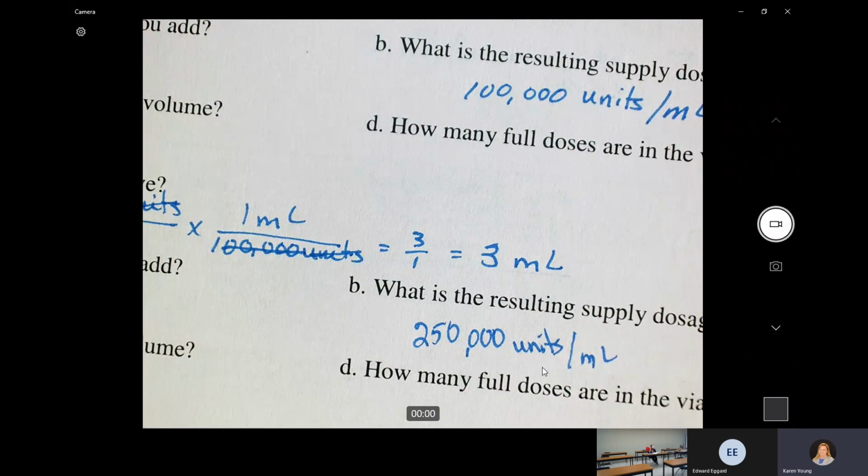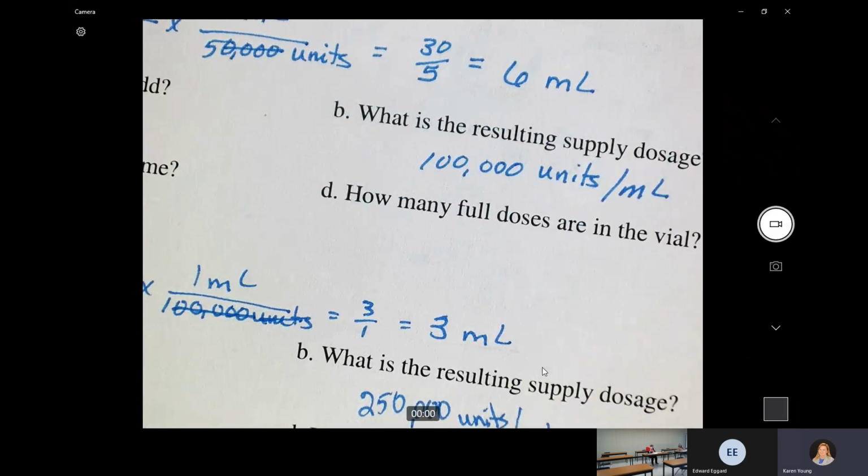As long as you're choosing, I'm adding 4 milliliters of diluent, I'm going to use 250,000 units per milliliter, and you calculate it that way. You show me what you're using. You can use any of them because you will be giving the doctor's order of 300,000 units. Okay?